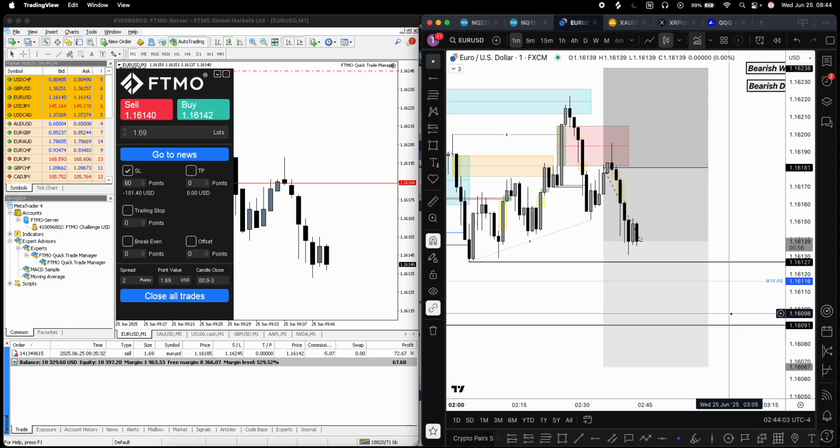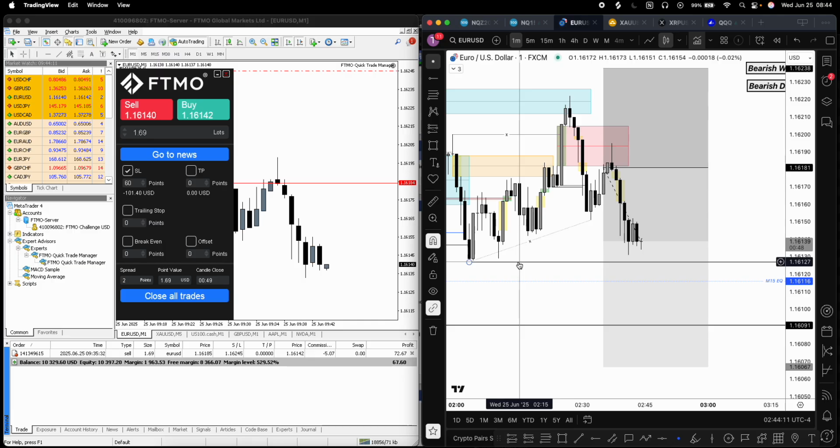Think about maybe moving my stuff to break even once this level is broken. Maybe. $65 profit at the moment. 70.